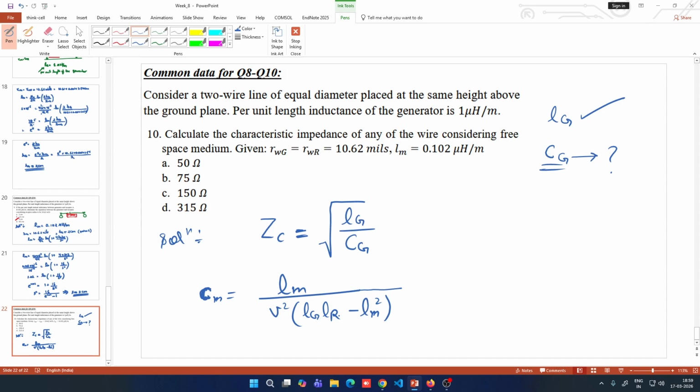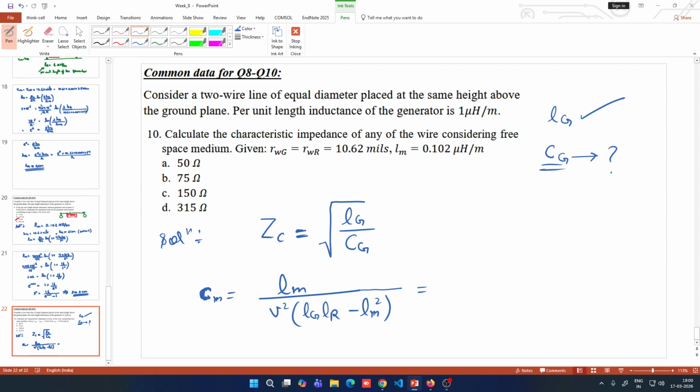Lg and Lr will both be the same because these two wires are exactly at the same height from the ground and their radii are the same.